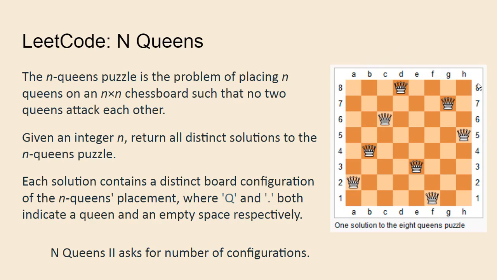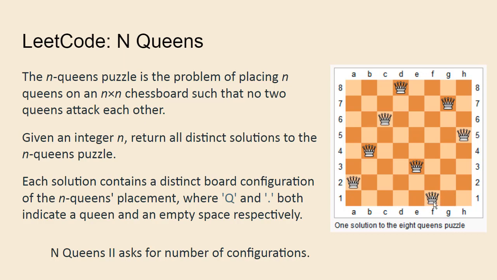Because there should be exactly one queen on each row. We have n rows and n queens, and no two queens can occupy the same row. So we can call the queens 1 through n, where each queen is always in the row of its number.